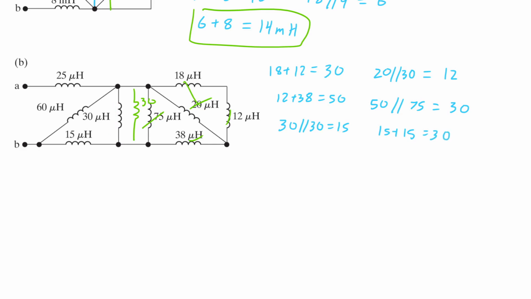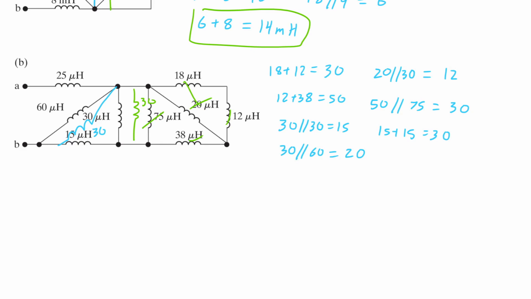Once again, we've got 30 microhenry. Let me write it in here. Say that's the equivalent L. So we have 30. So 30 in parallel with the 60 is going to be 20.